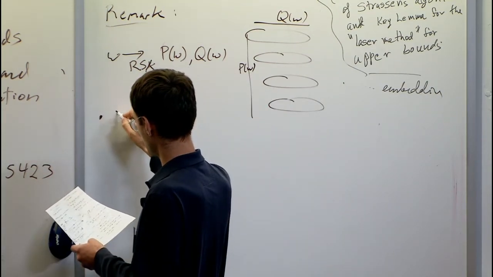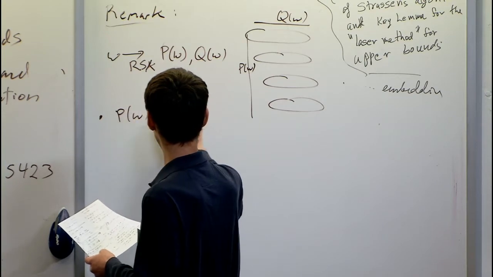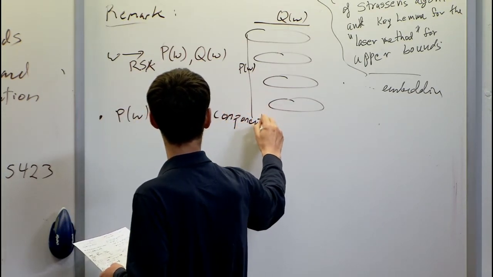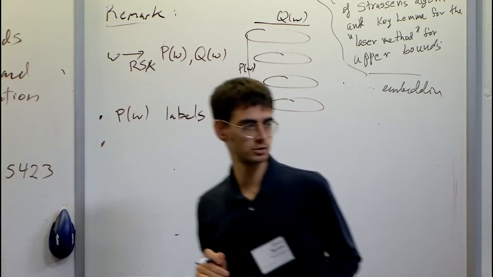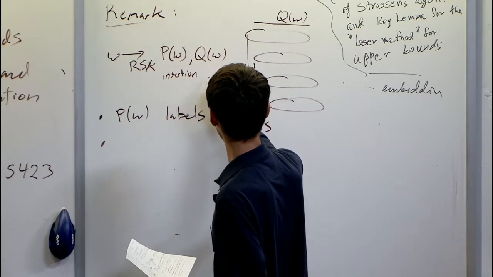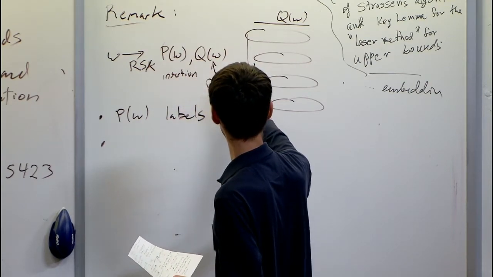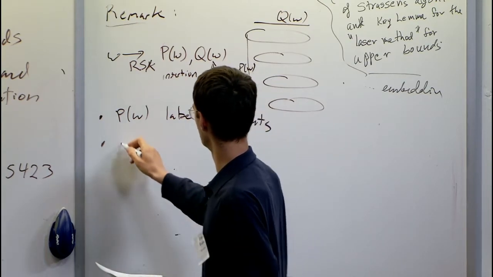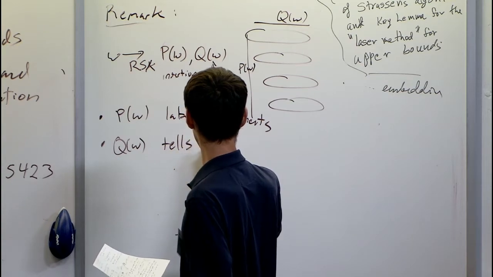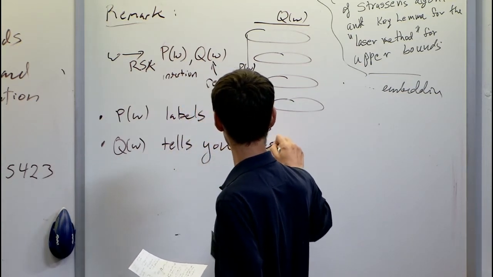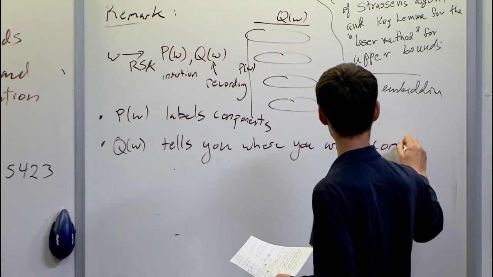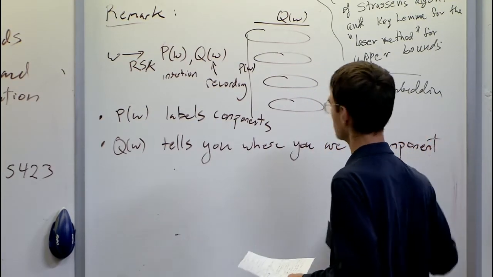So P of W labels components. That's the insertion tableau, right? That's the insertion tableau. Yeah. So this will be insertion, and this will be recording. And the recording tableau, let's say, just tells you where you are in the component, or it's the same as a Knuth equivalence class.